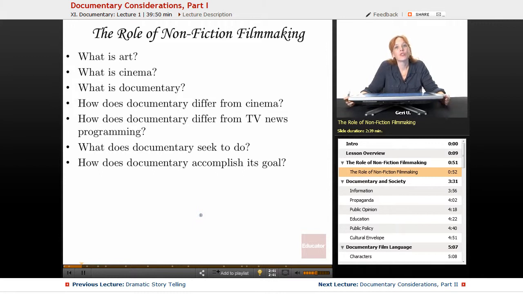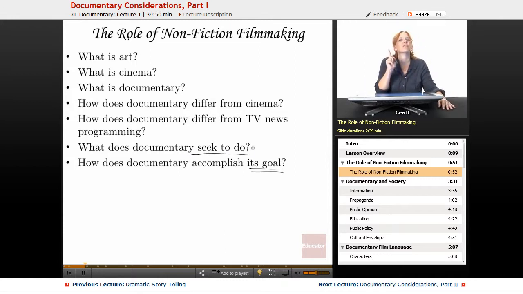And if it's trying to get at the truth of something that's human using real people, real events, how does documentary accomplish its goal? Okay, and that's really important. So how does documentary function differently than your cinematic, your fiction films, videos, or your news programming? So as we look at all these different questions, what is art, what is cinema, what is documentary, how does documentary differ from cinema, how does it differ from TV news, and then what does it seek to do?